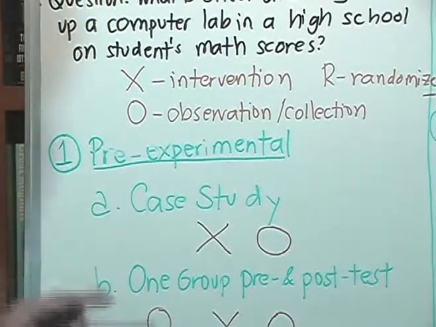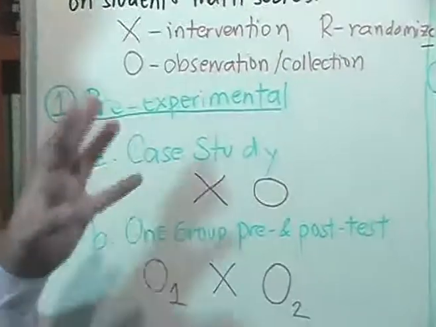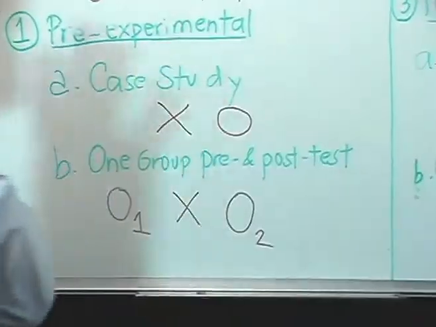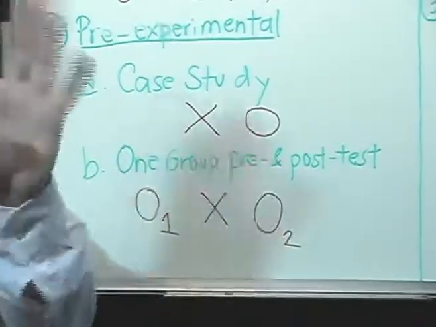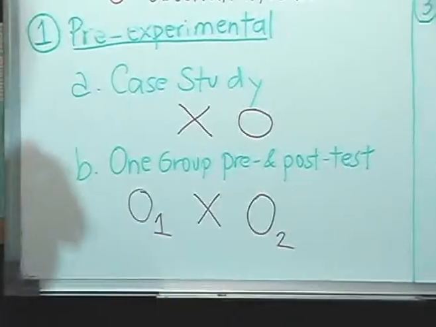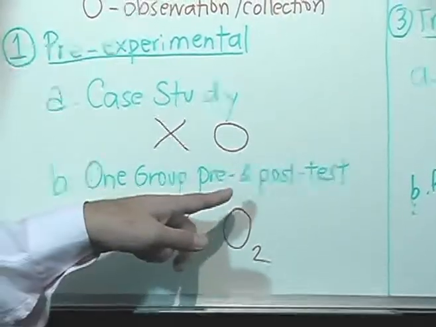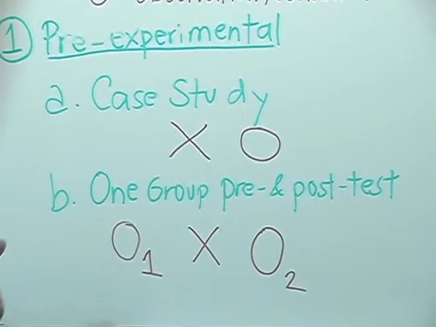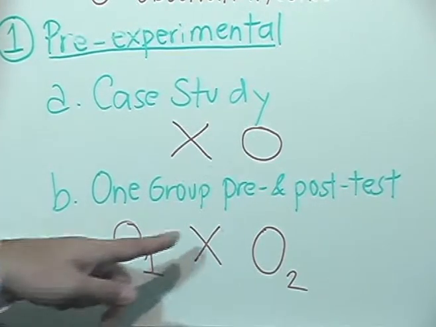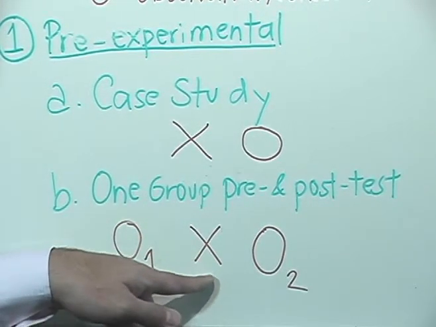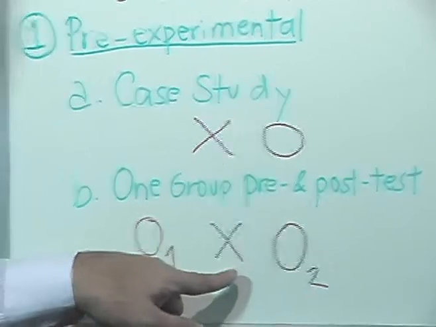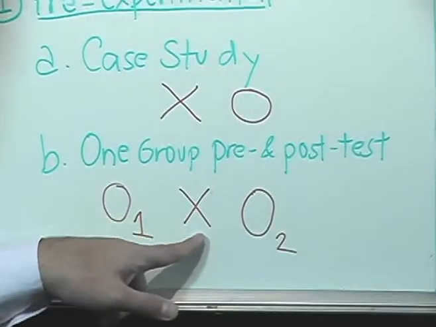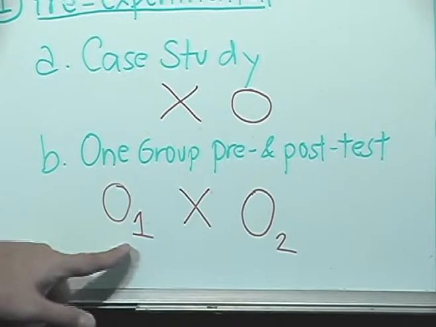So let's go on to another pre-experimental design that has a capability to generate a bit more evidence than a case study. It's called a one-group pre and post test. For example, before you set up your intervention, before you institute your computer lab in school, you will do a pre-test.